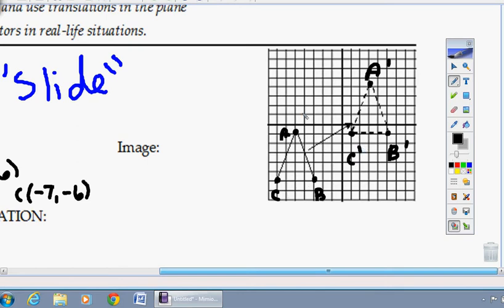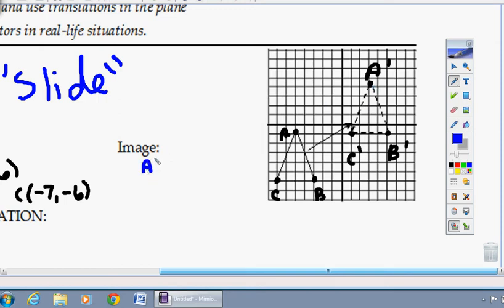Now, we have to think to ourselves, okay, how do we get from A to A prime? Well, I'm going to start at A, and I'm going to go right, 1, 2, 3, 4, 5, 6, 7, 8. And then I'm going to go up, 1, 2, 3, 4, 5. So if I go right 8 and up 5, that puts me at A prime.